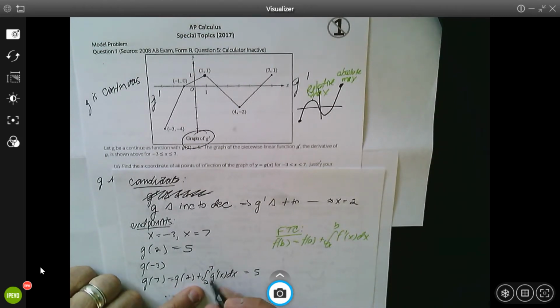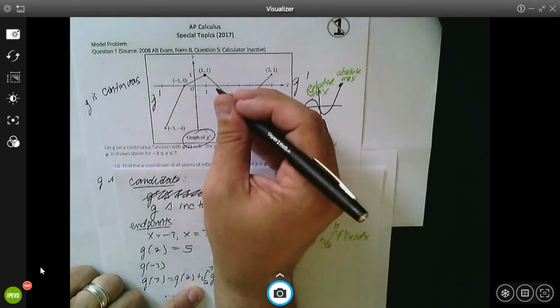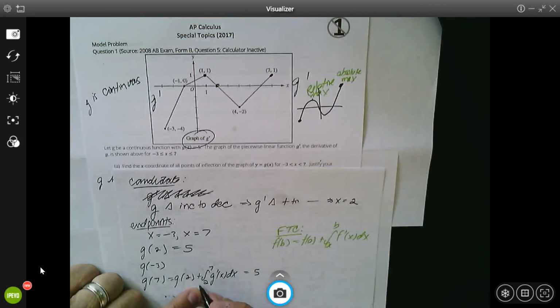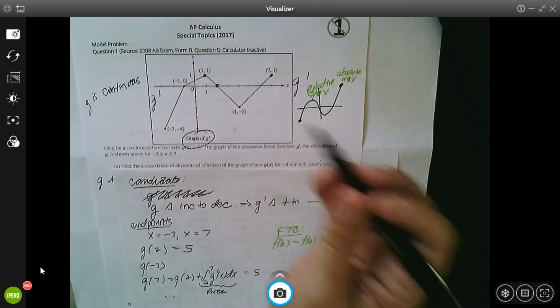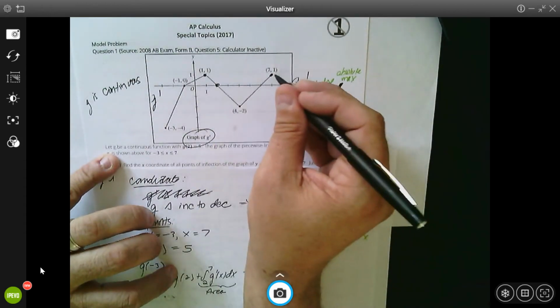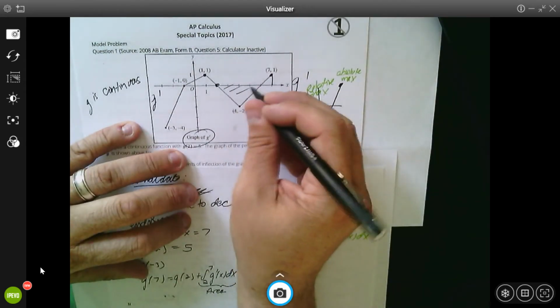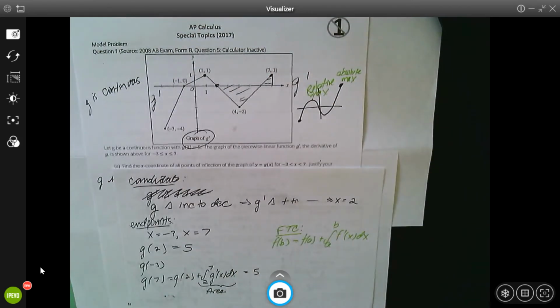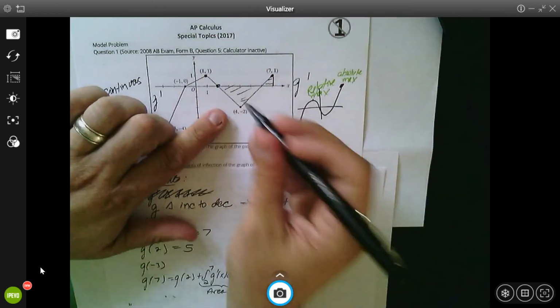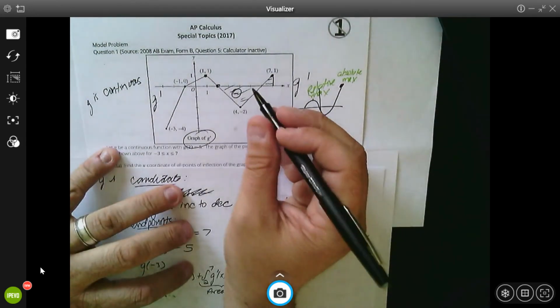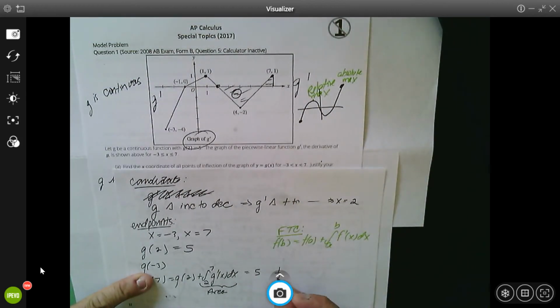The integral from 2 to 7, well, here's x equals 2, here's x equals 7. Remember that the integral means an area calculation. You need to find the area from x equals 2 to x equals 7. I need all of this area and that area. Fortunately, they're both triangles. This triangle is below the x-axis, so we have negative area. And the area of a triangle is going to be 1/2.